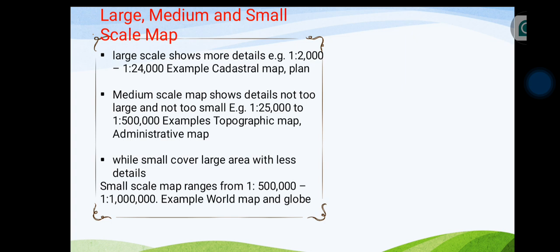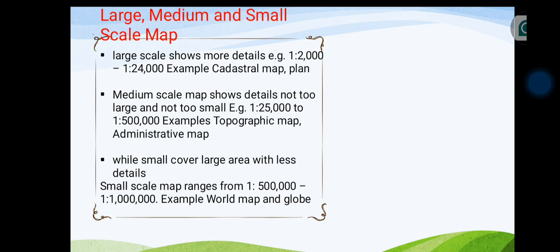Then we have the small scale map. Small scale map covers a large area. The area a small scale map covers is larger than that of medium. So a small scale map covers a large area with less details. A good example of that is 1:500,000 to 1:1,000,000.